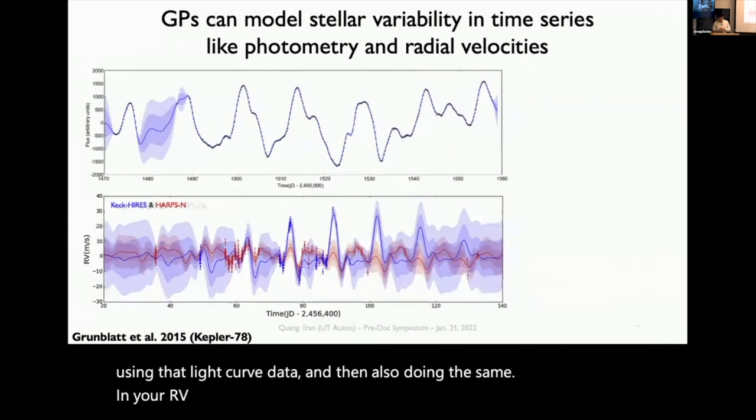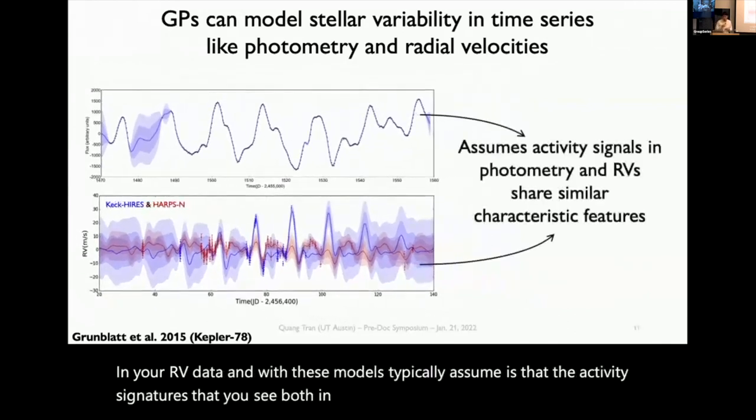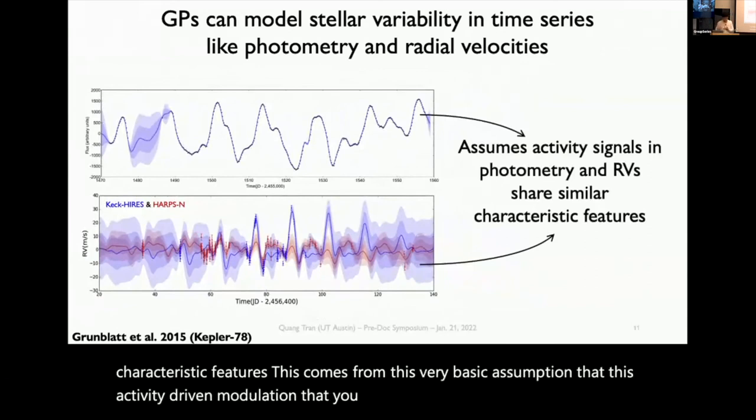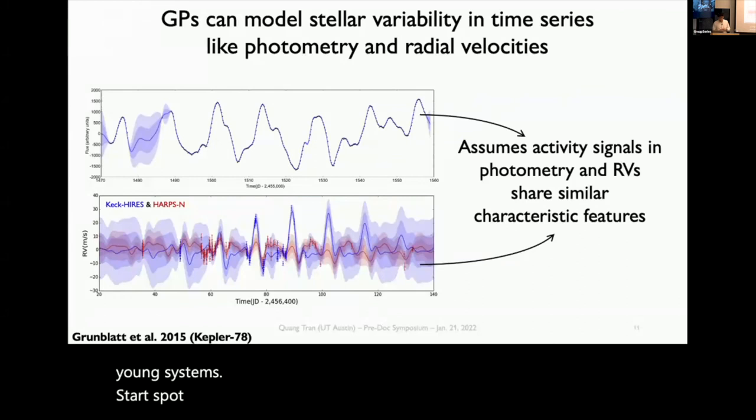What these models typically assume is that the activity signatures you see in both the photometry and the RVs share very similar characteristic features. This comes from the very basic assumption that activity-driven modulation typically comes from, at least in very young systems, star spot dominated activity, which is correlated in time.